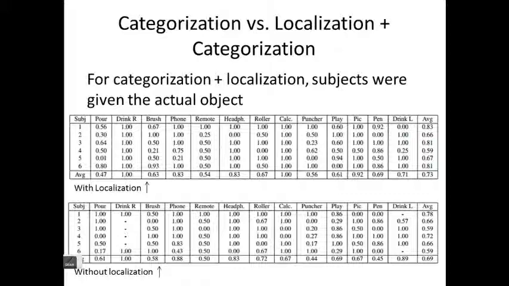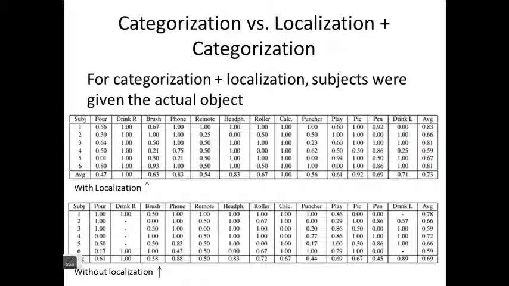So, as I was saying earlier, in this case, the subjects were actually given the object to hold and perform the action for real, and you can see that there isn't much difference in the performance that you get.